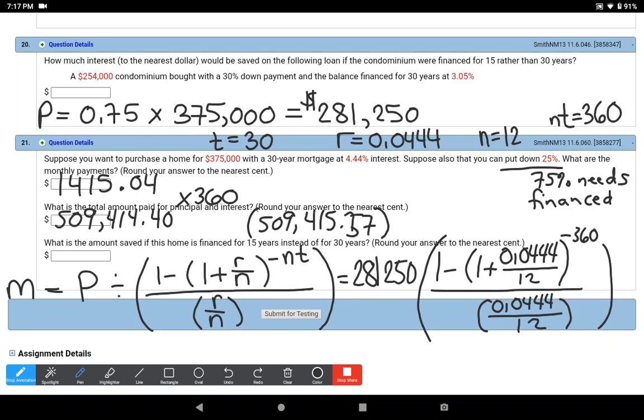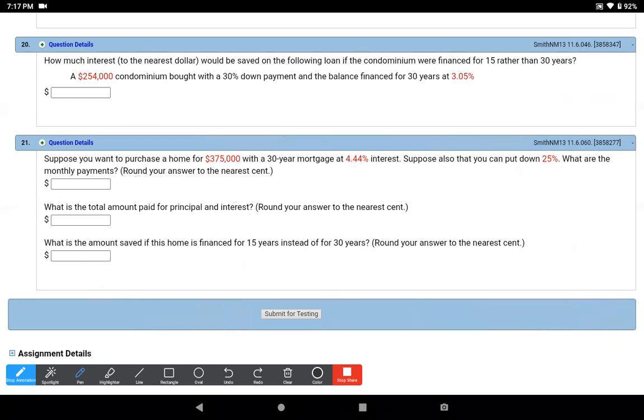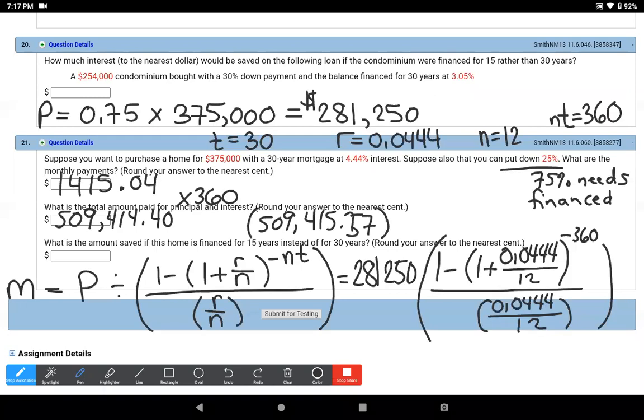509,415.57. And so what you should do is, even though I don't have an eraser, so that's my problem with this annotator, even though you rounded here to enter it into your calculator, I don't think you should round it in your calculator.